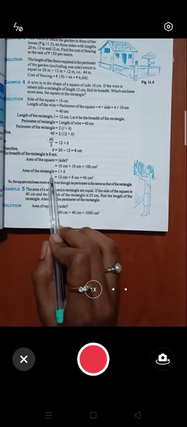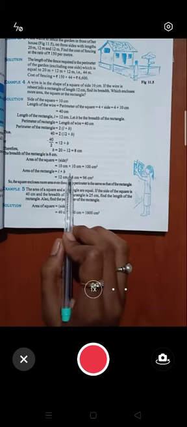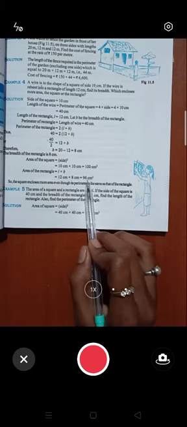That is 10 centimeter into 10 centimeter. We got 10 tens are 100 centimeter square. Since it is area, we need to square up the unit. Next, area of the rectangle is L into B, that is length into breadth, that is 12 centimeter into 8 centimeter, which is equal to 12 8s are 96 centimeter square.